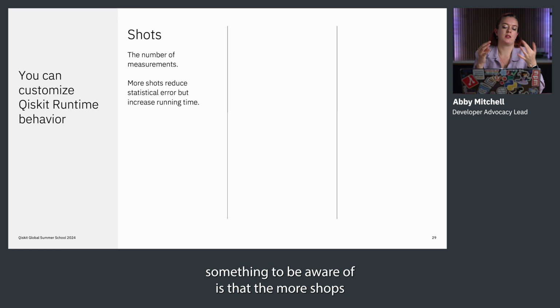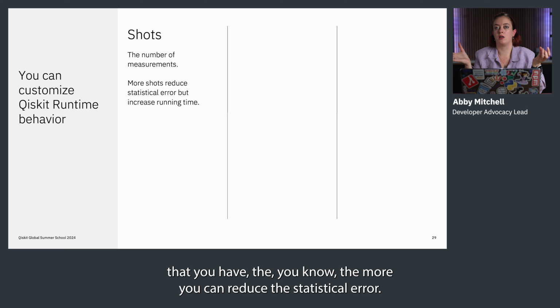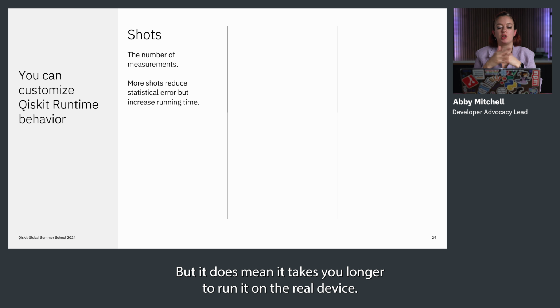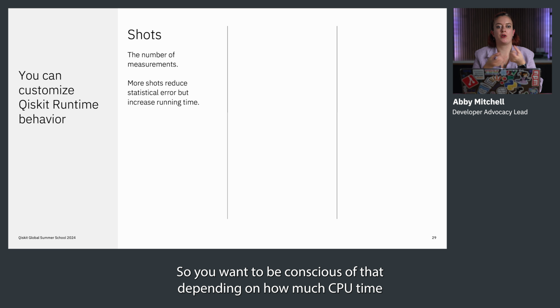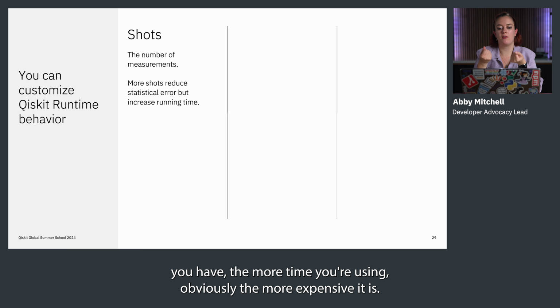Something to be aware of is that the more shots that you have, the more you can reduce the statistical error, but it does mean it takes you longer to run it on the real device. So you want to be conscious of that. Depending on how much QPU time you have, the more time you're using, obviously the more expensive it is.